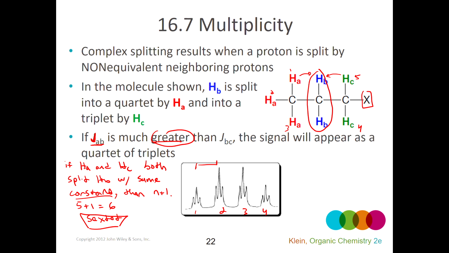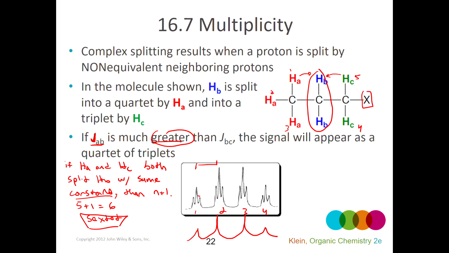But C is also splitting B. So instead of seeing a quartet that looks like this, each of the individual peaks of the quartet is split further by C also splitting B. And so if C happens to be splitting B with a much smaller coupling constant, then the distance between the peaks it's splitting these individual peaks into is not going to be a very great distance.